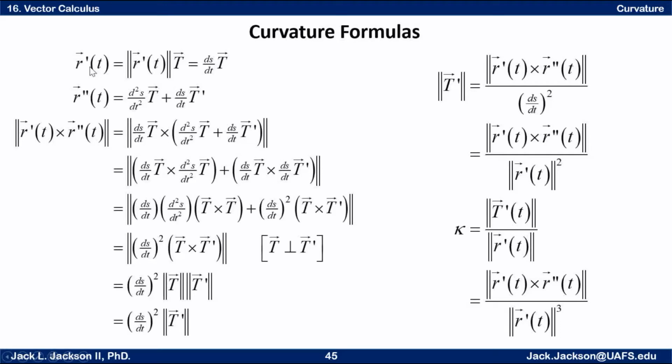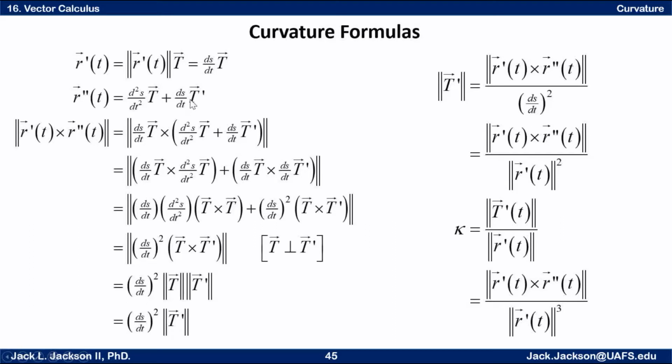Okay, take a second derivative. Then we're taking the second derivative of this last expression. Well, that's a scalar function times a vector function. We have a product rule that says it's the derivative of the first times the second, plus the first times the derivative of the second.